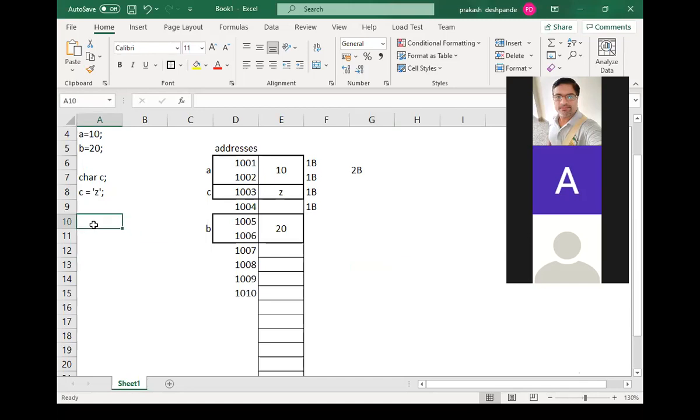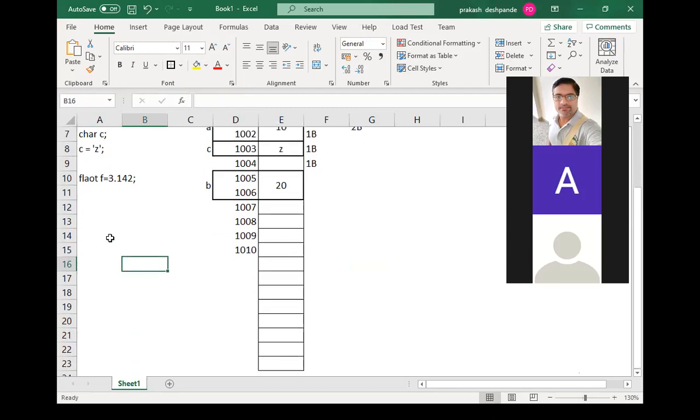Now what may happen if I declare a float variable, say f equals 3.142? What may happen here? 4 bytes will be allocated. Are they in consecutive memory locations, or here and there?